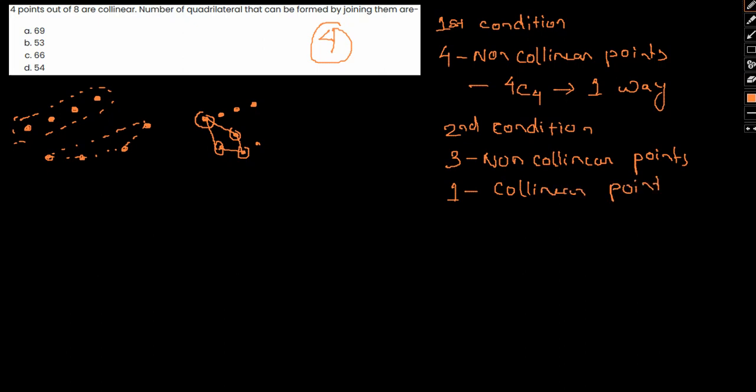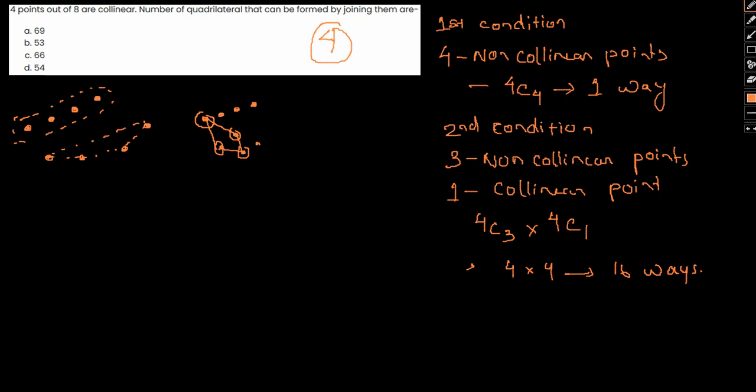So 3 points out of 4 non-collinear points can be chosen in 4C3 ways, into 1 point out of the 4 collinear points can be chosen in 4C1 ways. So therefore 4 into 4, this would give us 16 ways.